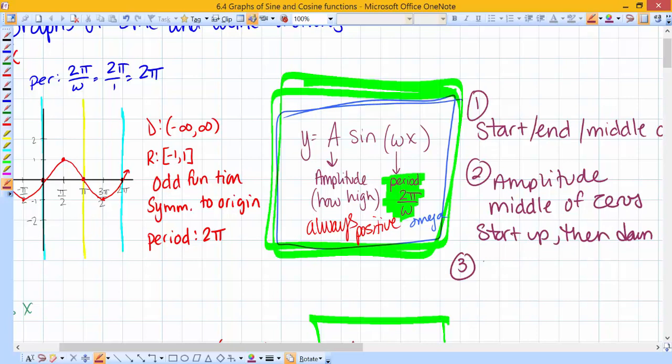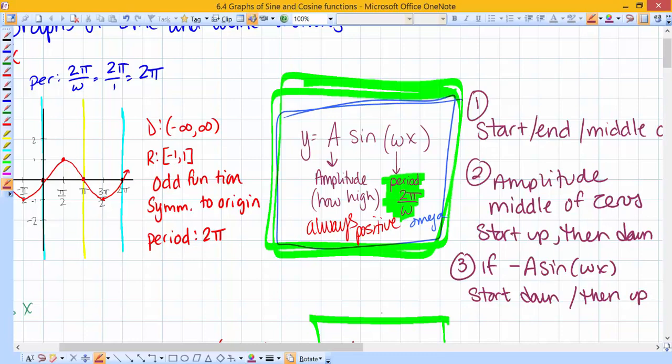So I'm going to make a note of that. If you have negative a sine of omega x, you are going to start down, then you're going to go up.